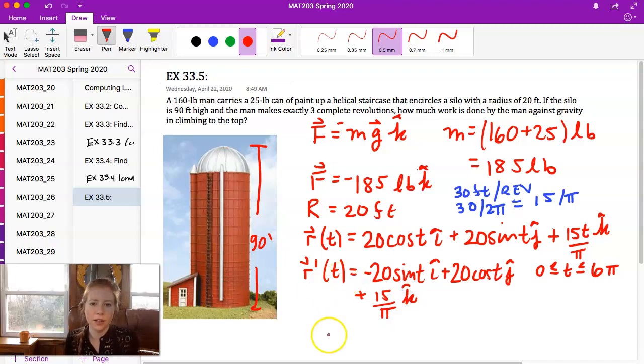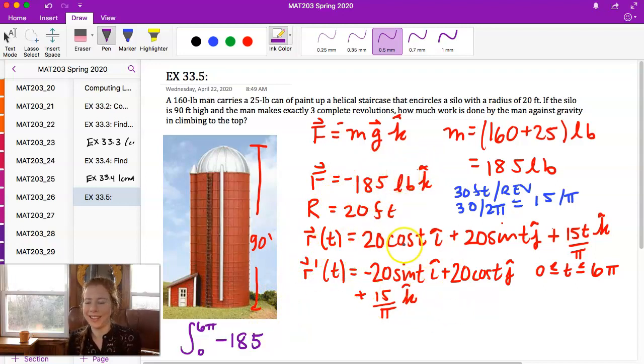All right, so now let's set up our integral. We are going to go from 0 to 6 pi, and F is minus 185. And notice this is our k hat component.